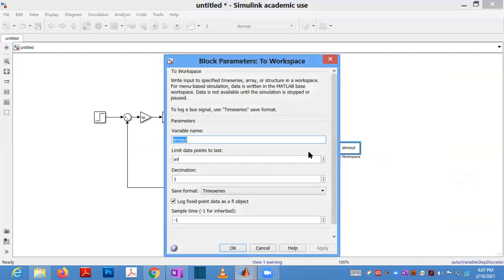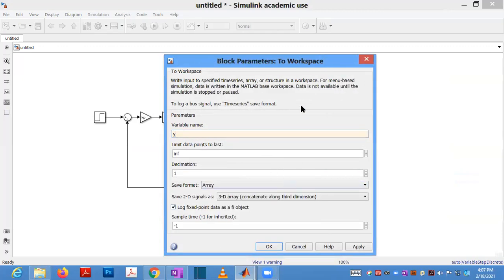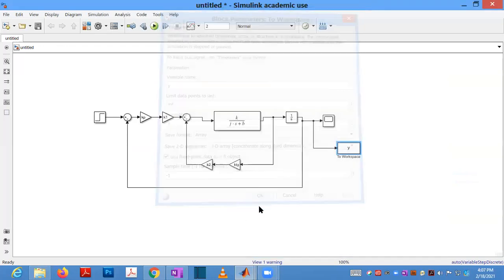And in the workspace option, the output variable is y and the save format is array. So up to this you complete it.